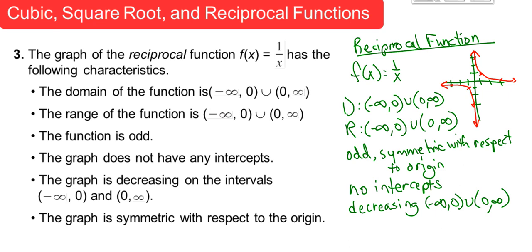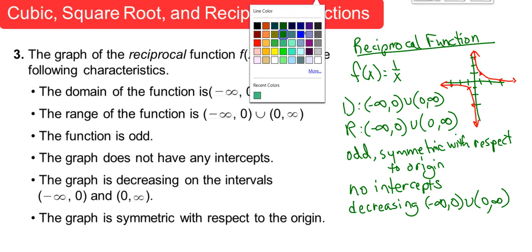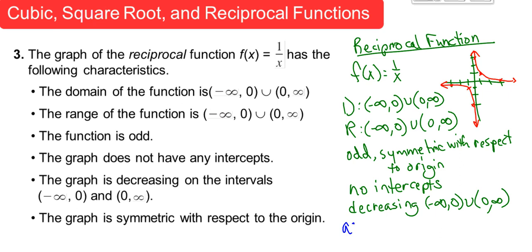Another little point we want to say here, and they're not talking about it here, is that it has asymptotes. And asymptotes, if you remember from previous work, are where the function gets very close to a value but never actually achieves it. And this has two asymptotes.